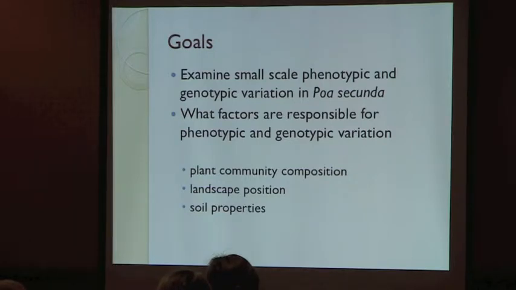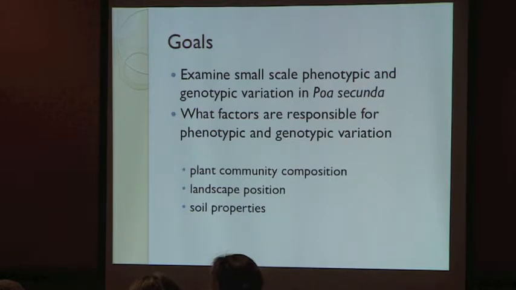So, the first little Poa study, the first one that we started, mostly Lauren and I started this one, we sought to examine the small-scale phenotypic and genotypic variability in Poa secunda.